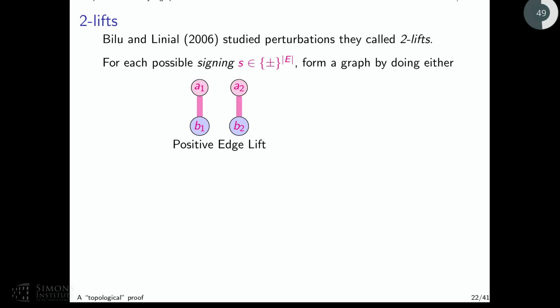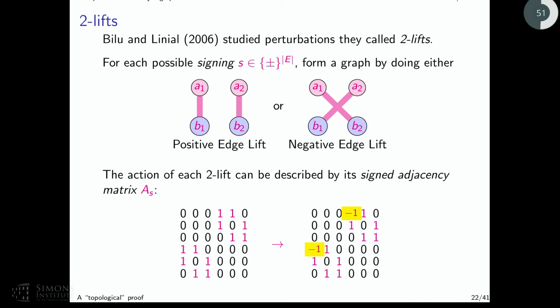So Bilu and Linial suggested perturbations they called two-lifts. A two-lift comes in one of two versions: either there's a positive edge lift or a negative edge lift. The action of each two-lift can be described by a signed adjacency matrix, which is exactly what you would think it is.